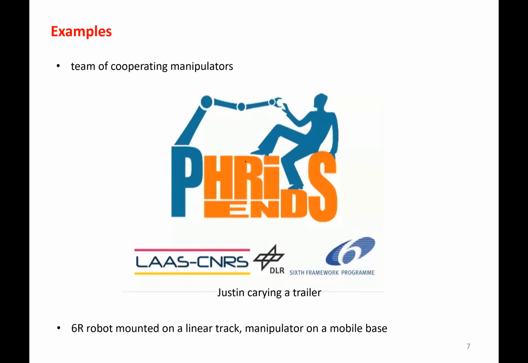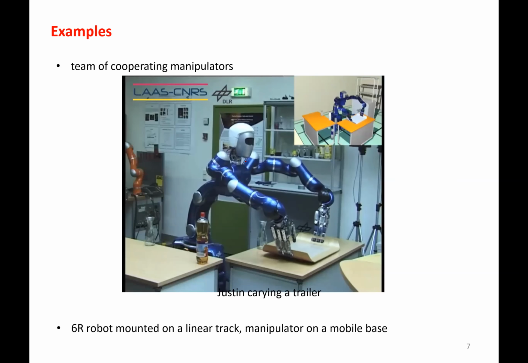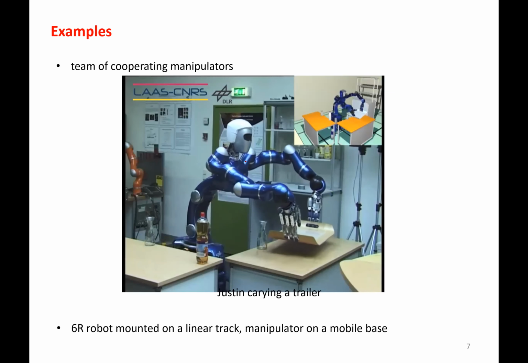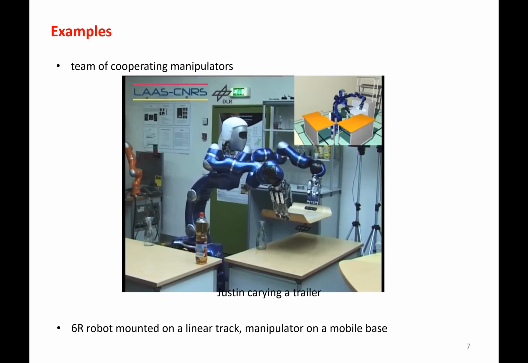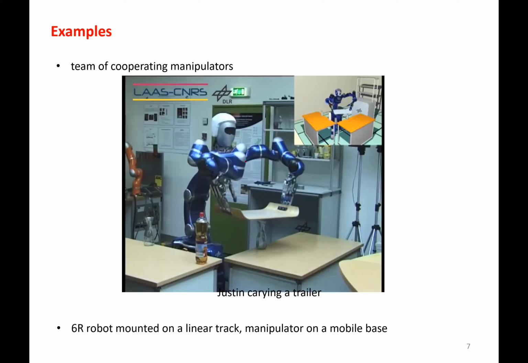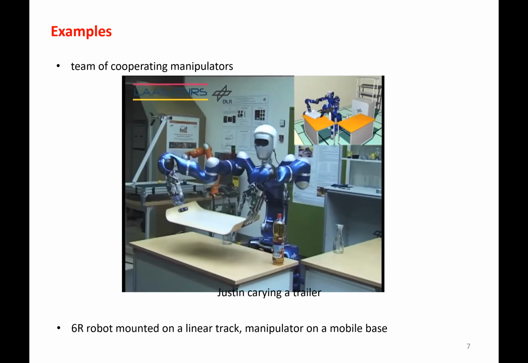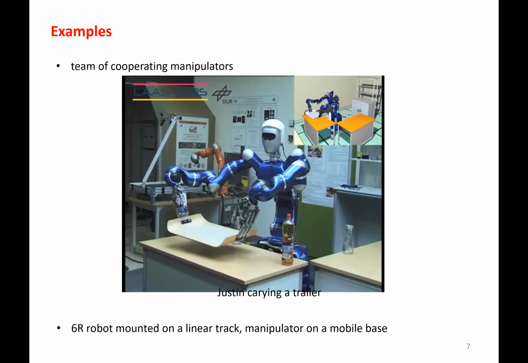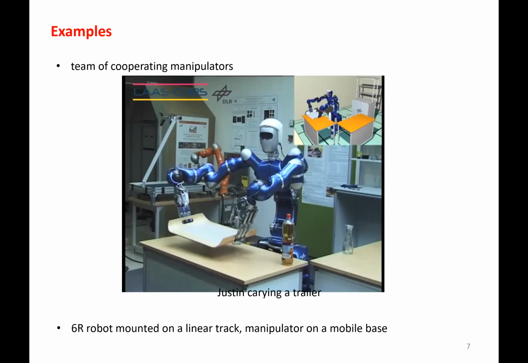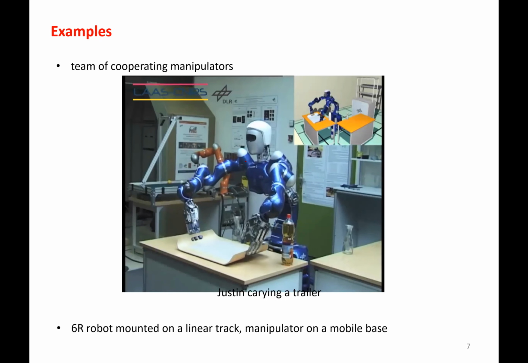Now, some examples. For example, you can see a redundant robot made of two cooperating manipulators. This is the case of a Justin robot that is carrying a trailer, and you see that you can have these internal motions to improve dexterity.